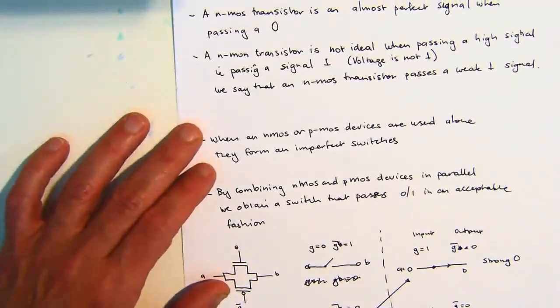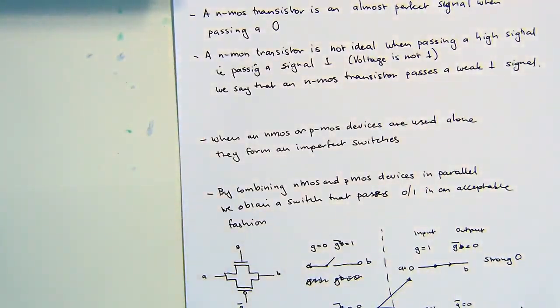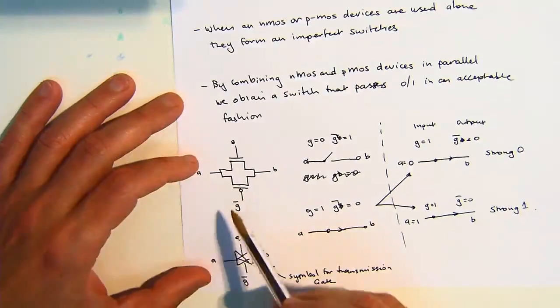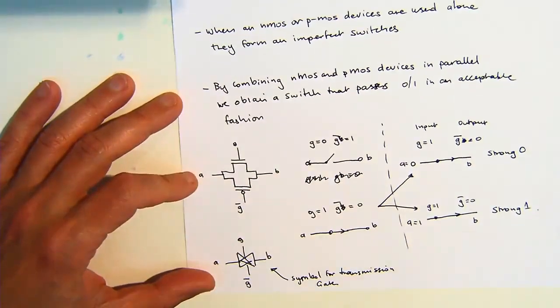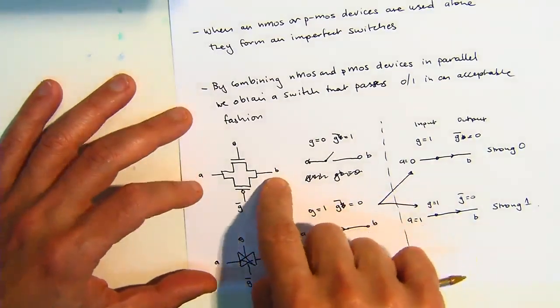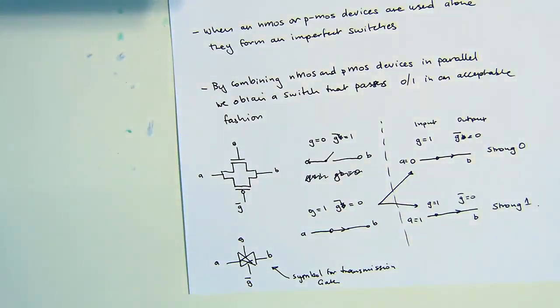Now, the other thing that we want to do is sometimes we want to produce switches. For example, we've got a signal here and we want to send the output to point B. Sometimes, for whatever reason, we want a switch, and that could be a TR switch.